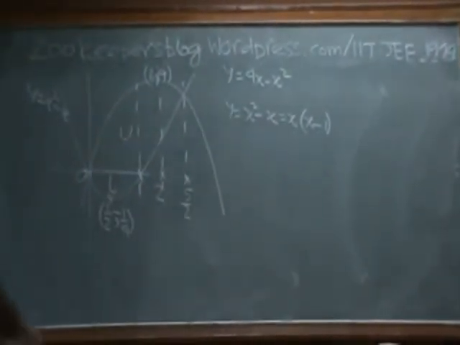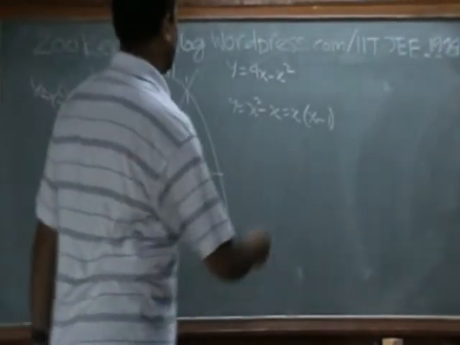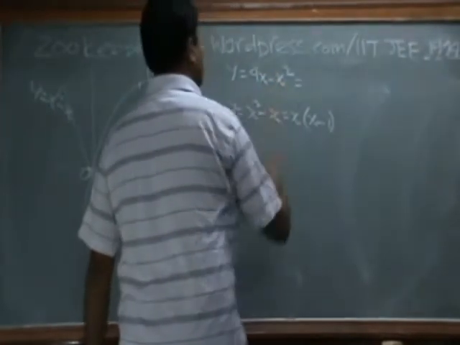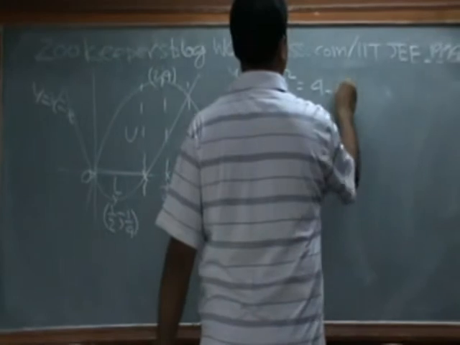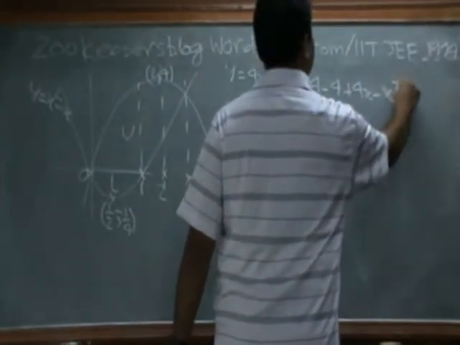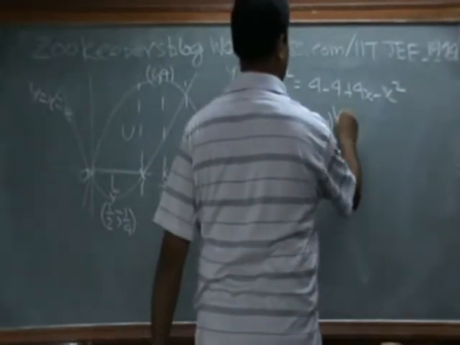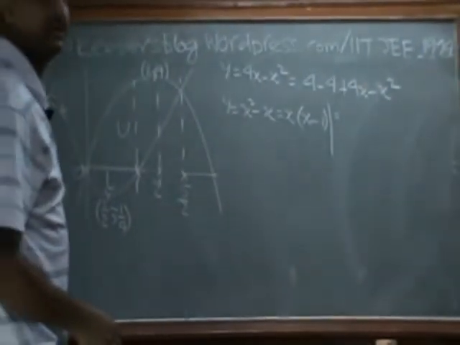The next one can be solved in many ways. I can see it will be a perfect square of 2. So we can write it as 4 minus 4 plus 4x minus x square. Do you understand what I am writing there?